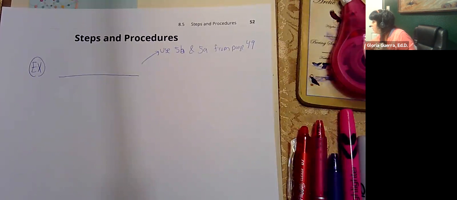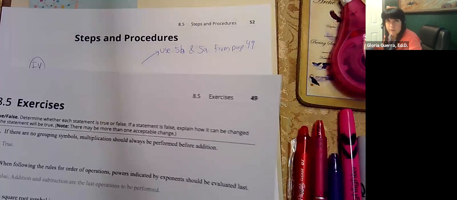So now let me get that paper out. I know I have that in your notes for 5B and 5A. Let me show you. Okay, here's page 49 and 5B.